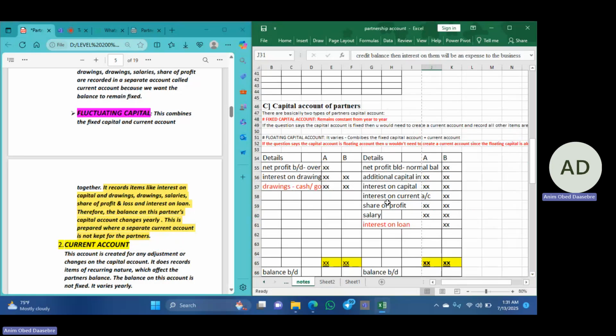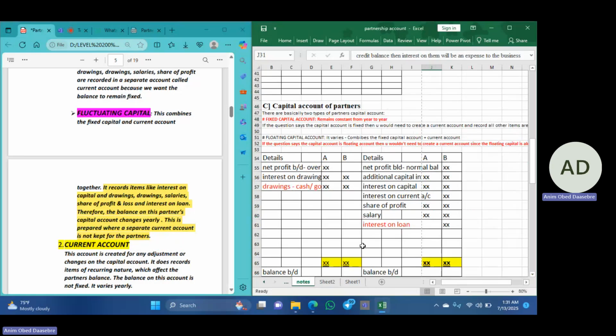Then any other items of interest that will change or affect the balance of the partners, you also record it. So all the items that will affect the current account will also be recorded in the fluctuating accounts. So we are not going to open any current account. If the question says the capital account is a fluctuating account, that means you, the students writing the exams, you don't have to open any current accounts.